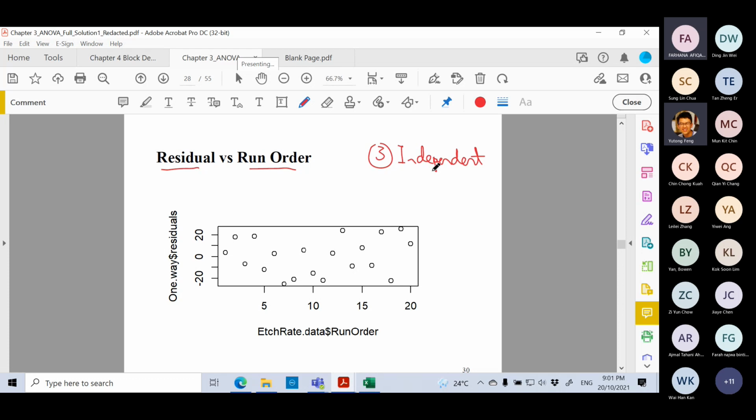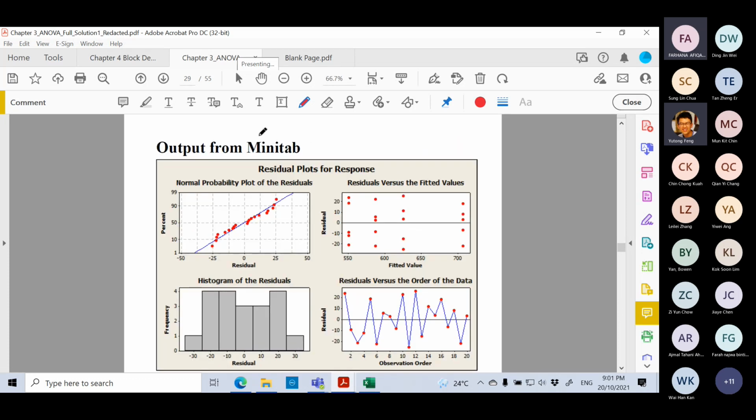But if you have Minitab, you can register for the free Minitab, and Minitab will directly show you all four plots together. The first plot is the normal probability plot. The second one is the histogram. The third one is the residual versus the fitted. The fourth one is the residual versus the run order. If they do not have any pattern, then it's independent.